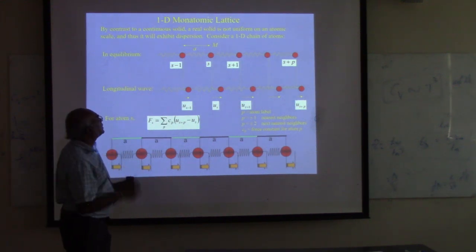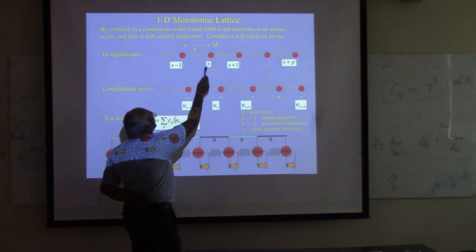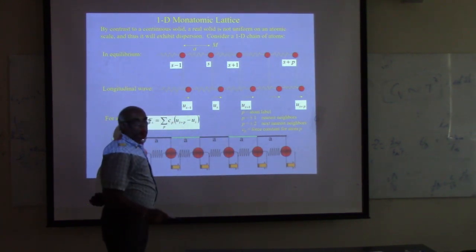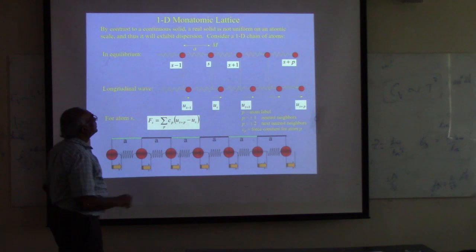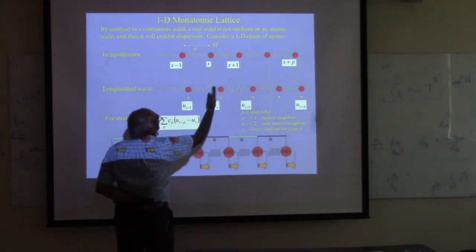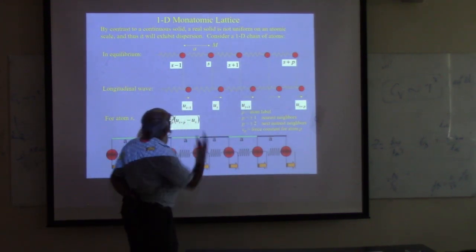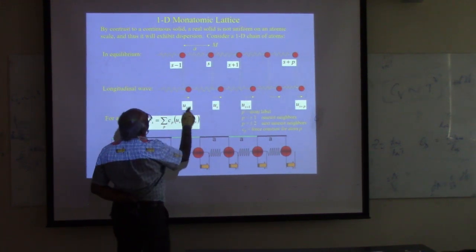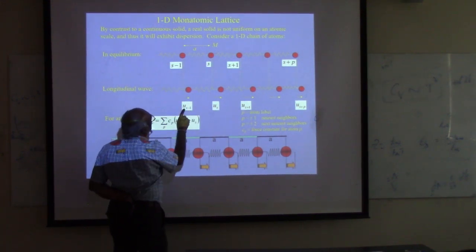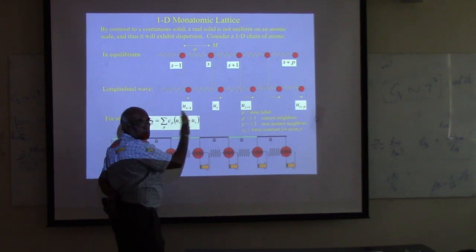So now just concentrate on particles. This is at equilibrium. At some time, each atom will vibrate to a new position. Suppose from here, this is S minus 1 atom, and it moves by u S minus 1.